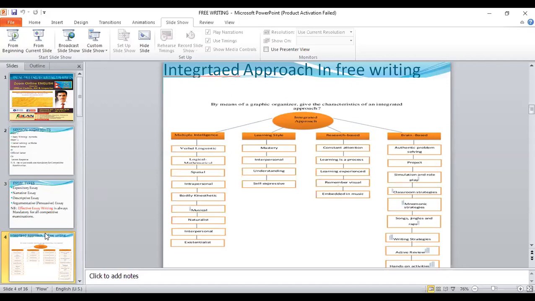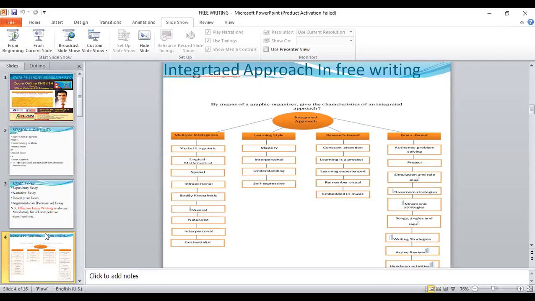Keep on learning, get multiple resources, and try to generate ideas from the learning, or learning experience. Remember visual, whatever you see, or embedded in music, because musical words are very important for people to enhance their writing.